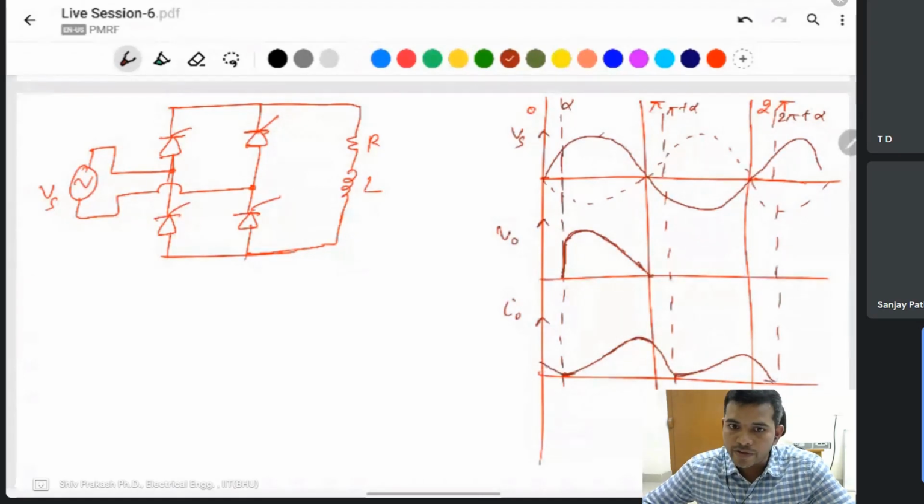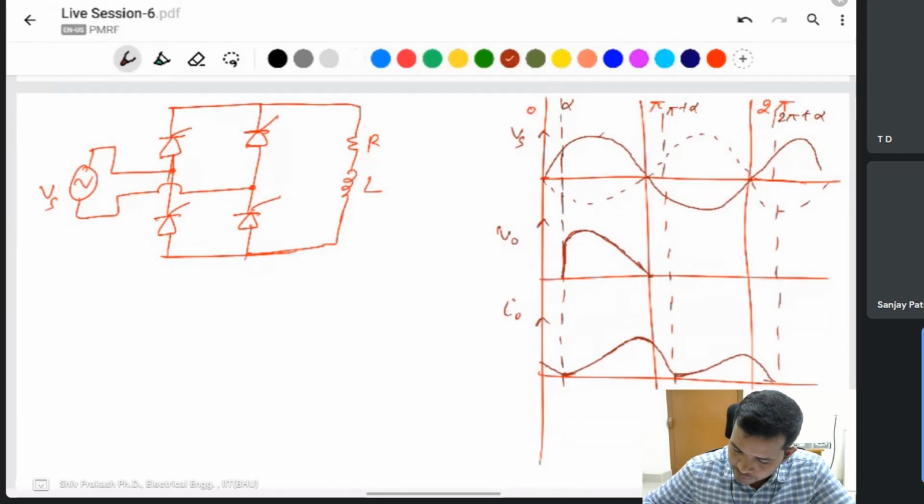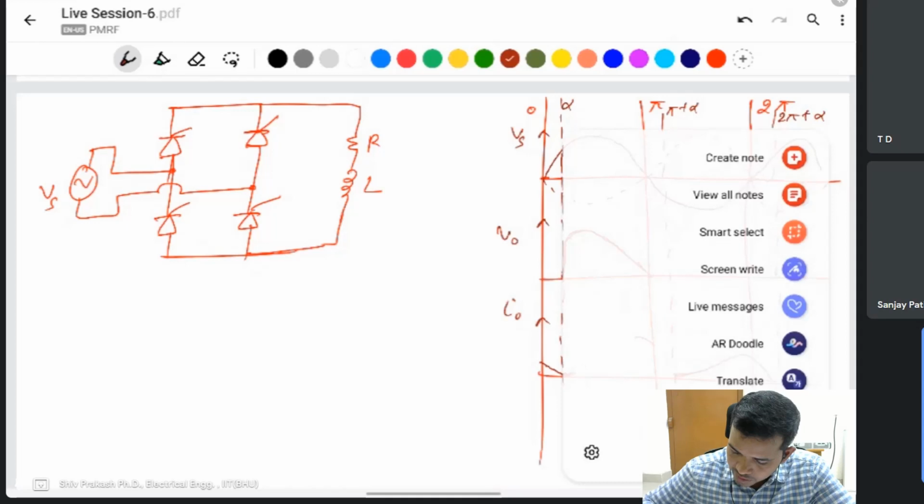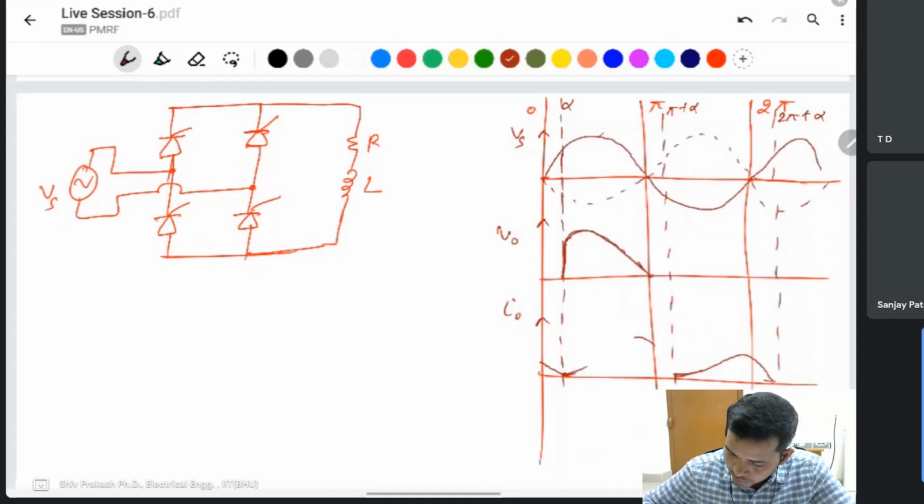But it will be continuous or discontinuous depending on the inductance value. It can be 0 from alpha to pi plus alpha, then this is discontinuous. After that it starts, goes to maximum and comes to 0 before 2 pi plus alpha.